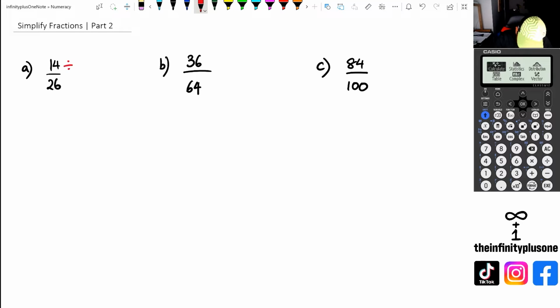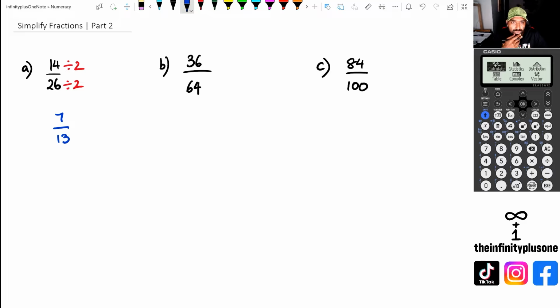So I am going to divide by 2 for both the numerator and the denominator. And when I do this, 14 divided by 2 is 7, 26 divided by 2 is 13. What I've got here is 2 prime numbers, and apart from 1, you can't really divide those prime numbers by anything else. So 14 over 26 simplified is going to equal 7 over 13.